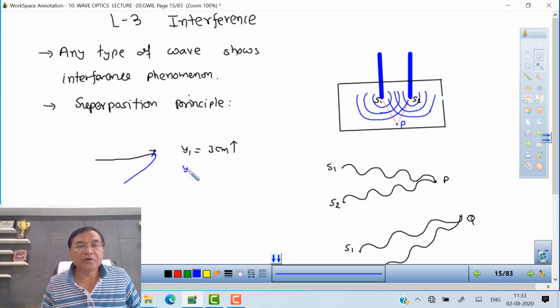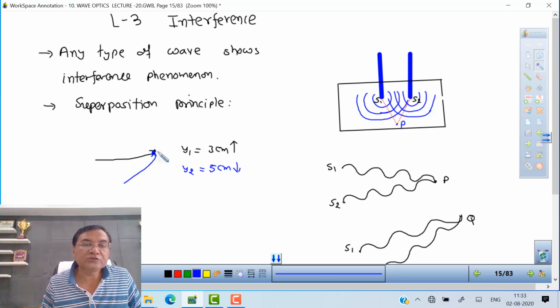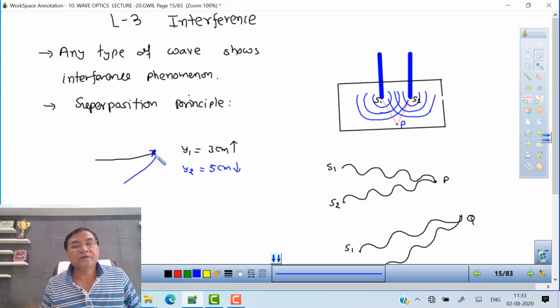And because of it the displacement is supposed to be 5 centimeter down. But both the waves are passing at a given point. Then what will happen to this particle, or what is happening to that point? If it is a matter wave, you can show the displacement of the particle itself. And if it is electromagnetic, then you can see the oscillation of electric and magnetic field vectors.